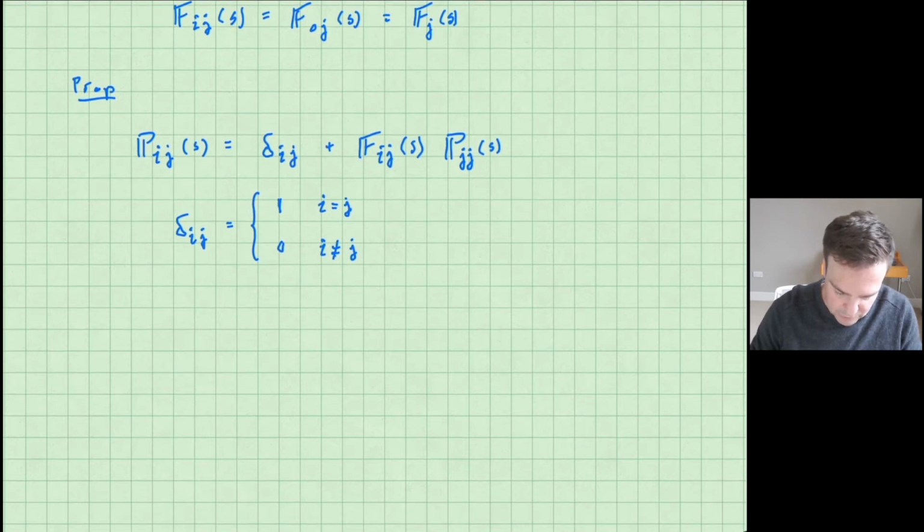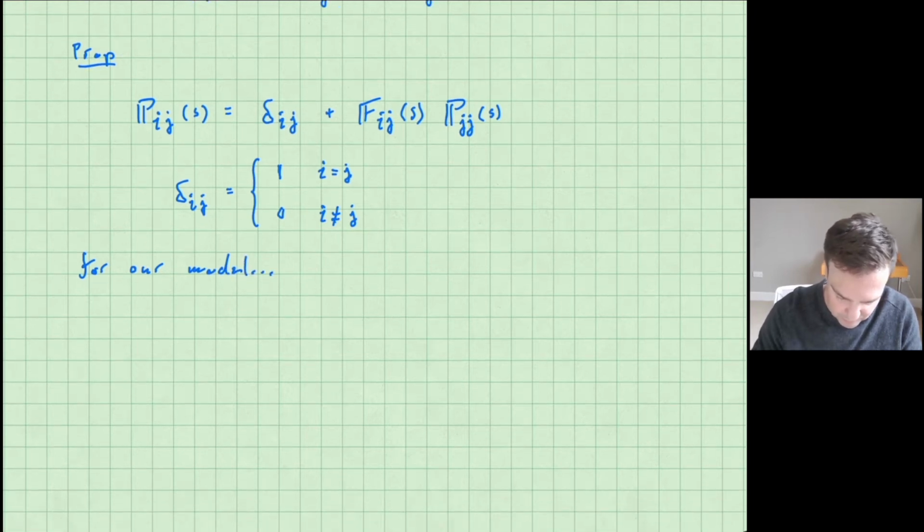So in the shorthand notation, for our model, this just translates into the following. We lose an index. We basically put i equals 0 everywhere. And for the p and the f, we delete the i.